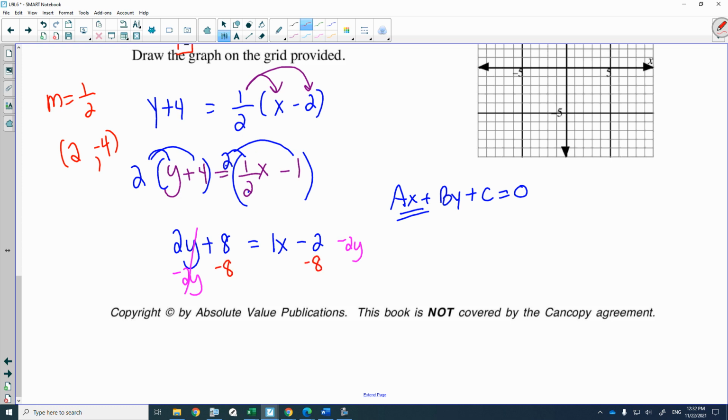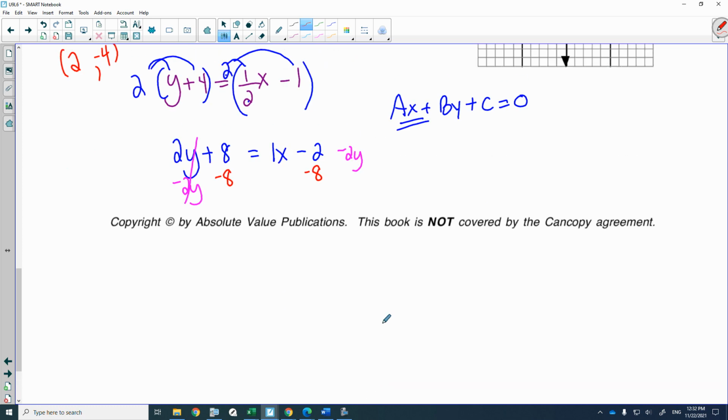And remember, your two constants would go together. 8 minus 8 is 0. So now you'd have 0 is equal to 1x minus 2y minus 10. And remember, there's nothing we could do here in general, but just in case you had to manipulate into general, that's how you would do it. Okay, take your 20 minutes, however much you need to get this homework done.